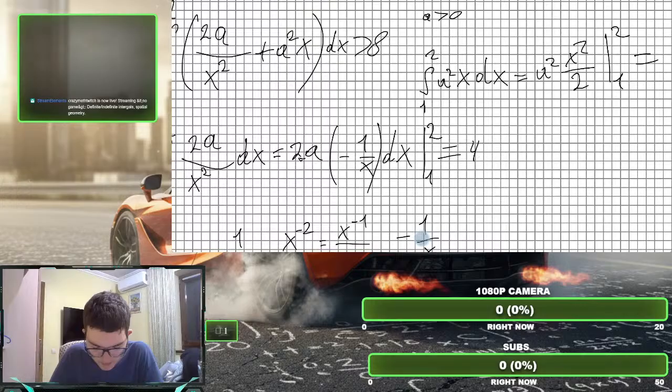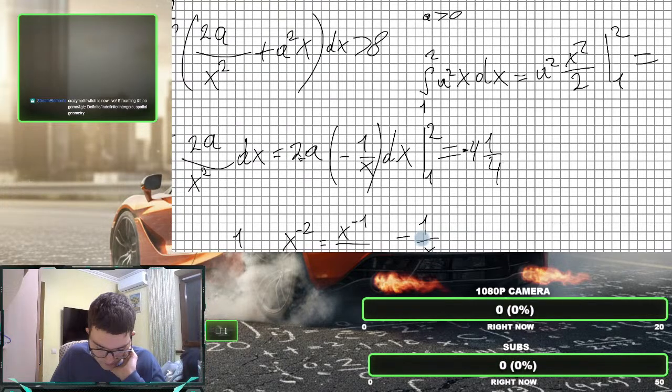Basically you can put a minus here. How much is going to be minus 4 times 1 divided by 4? Well, essentially we just simplify. So I would get minus 1 here when I put the 2.